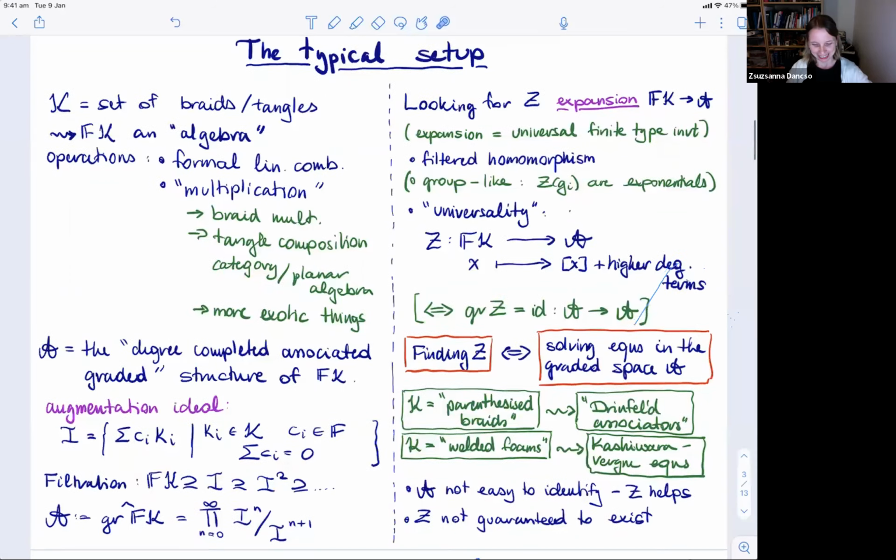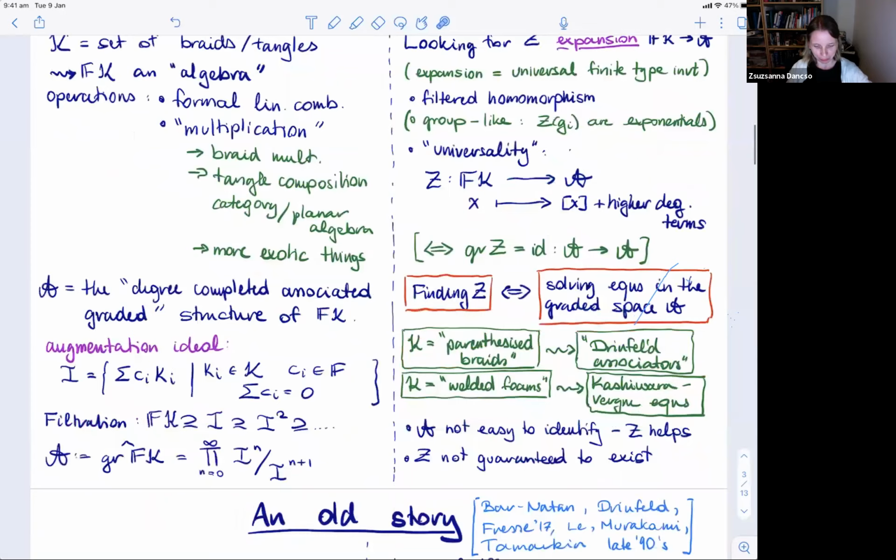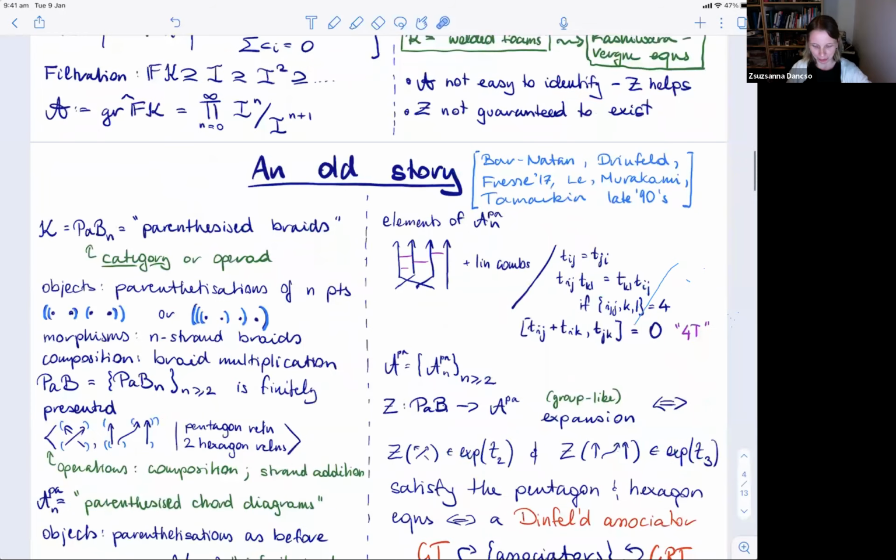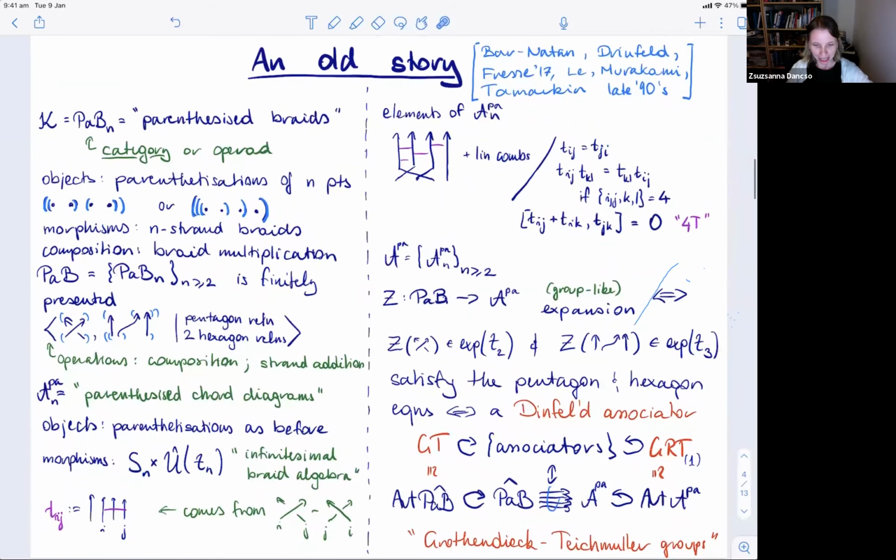All right, so before I go into these welded objects, I wanted to tell you a little bit about an old story. This is basically from the late 90s, and many people have worked on it.